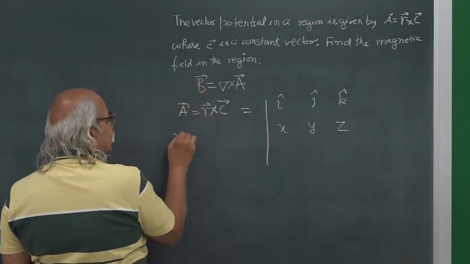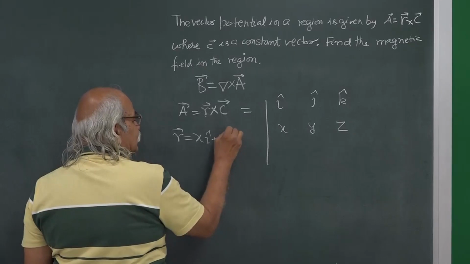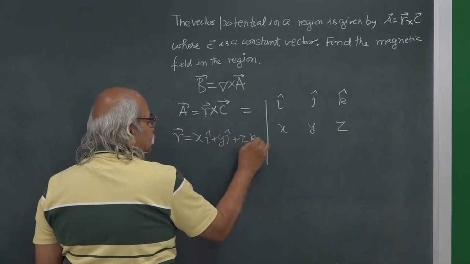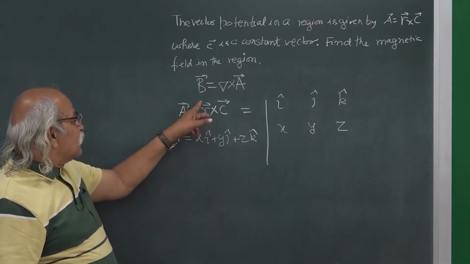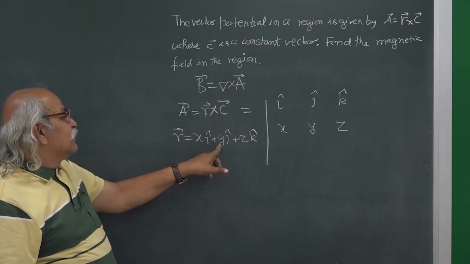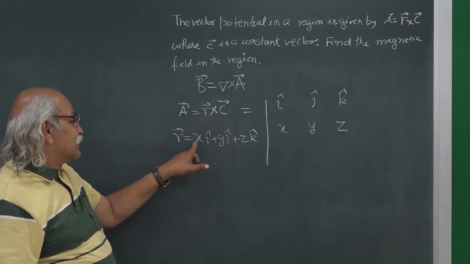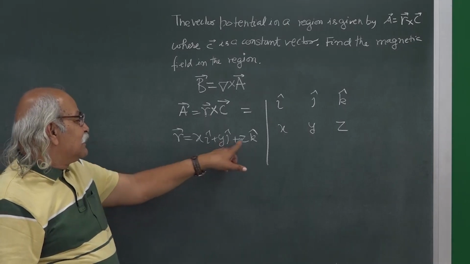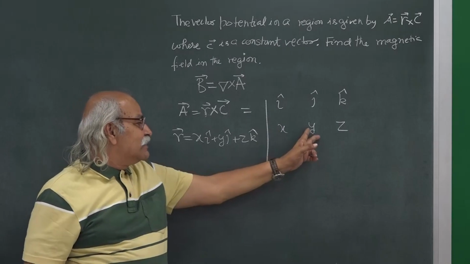Remember, this r vector is a position vector, x i cap plus y j cap plus z k cap. So x component of this r vector is x, y component is y, z component is z. Here we write x, here we write y, here we write z.